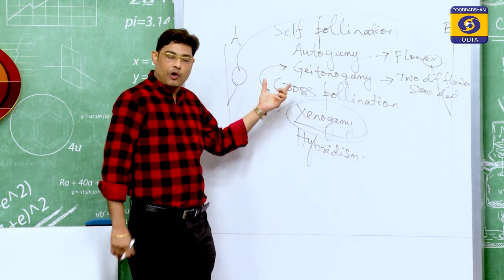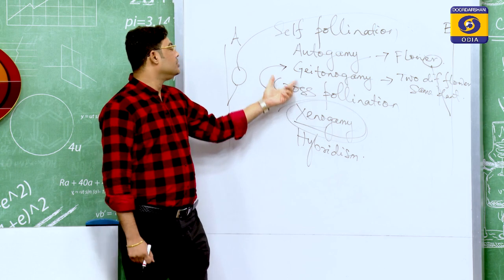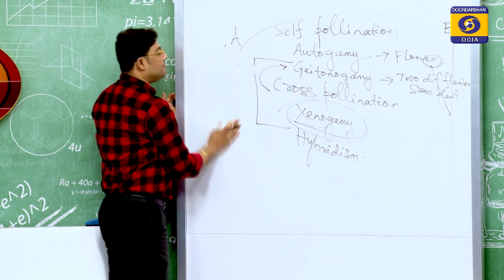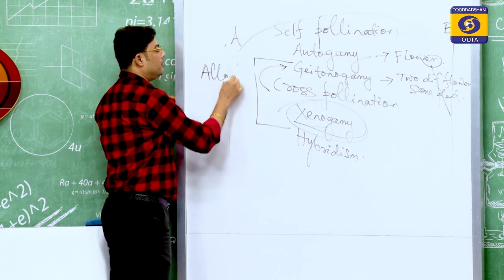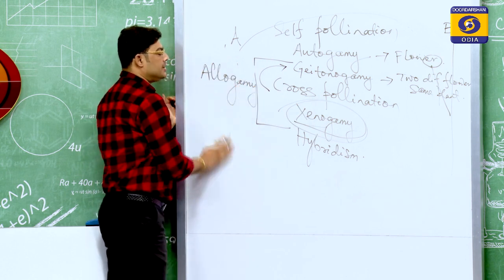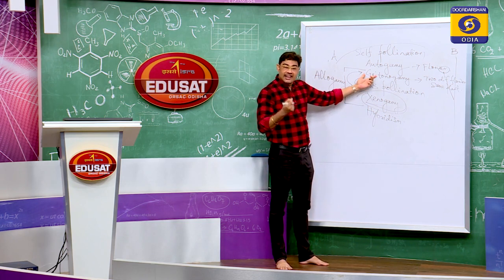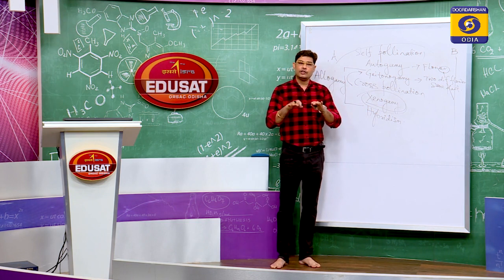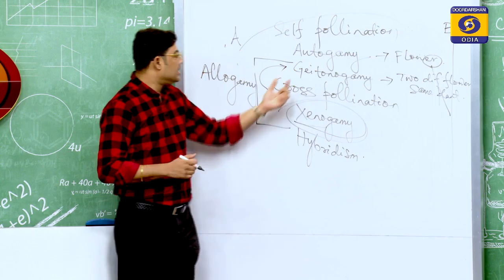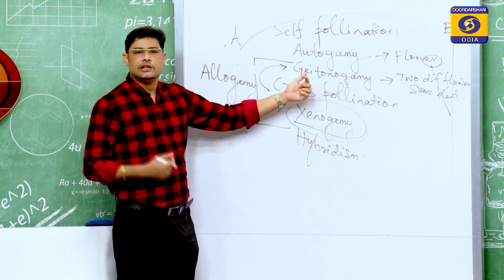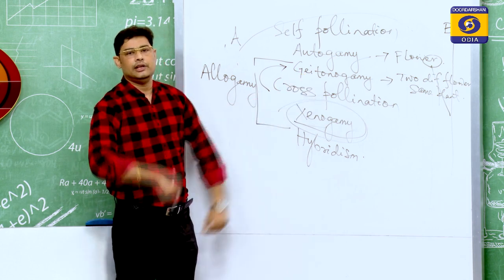Some authors have also considered geitonogamy and xenogamy together as another type of pollination called allogamy. Allos means different. Geitonogamy is genetically a type of self pollination, because two flowers born on the same plant are genetically similar, but ecologically some scientists consider geitonogamy as a type of cross pollination.